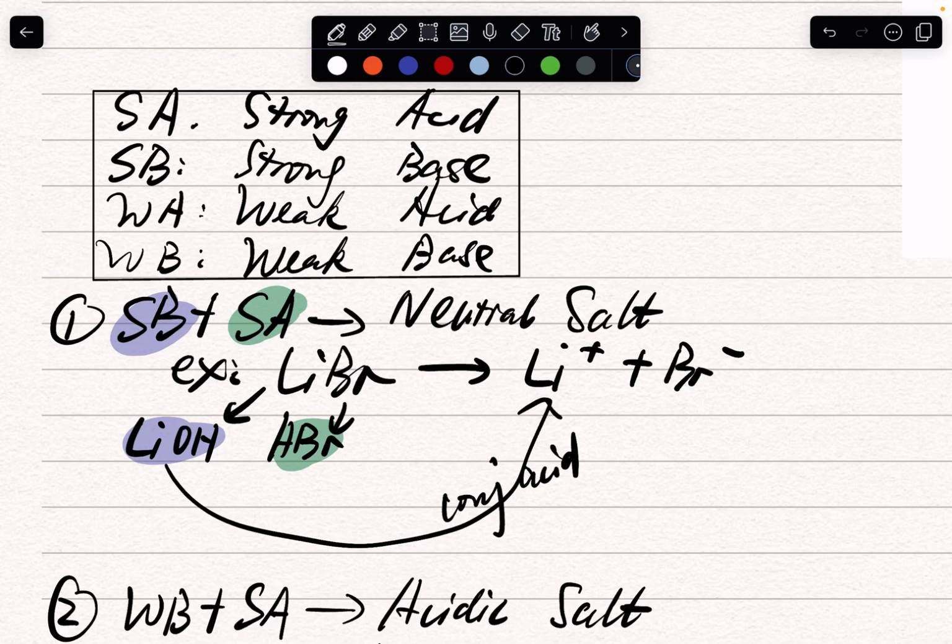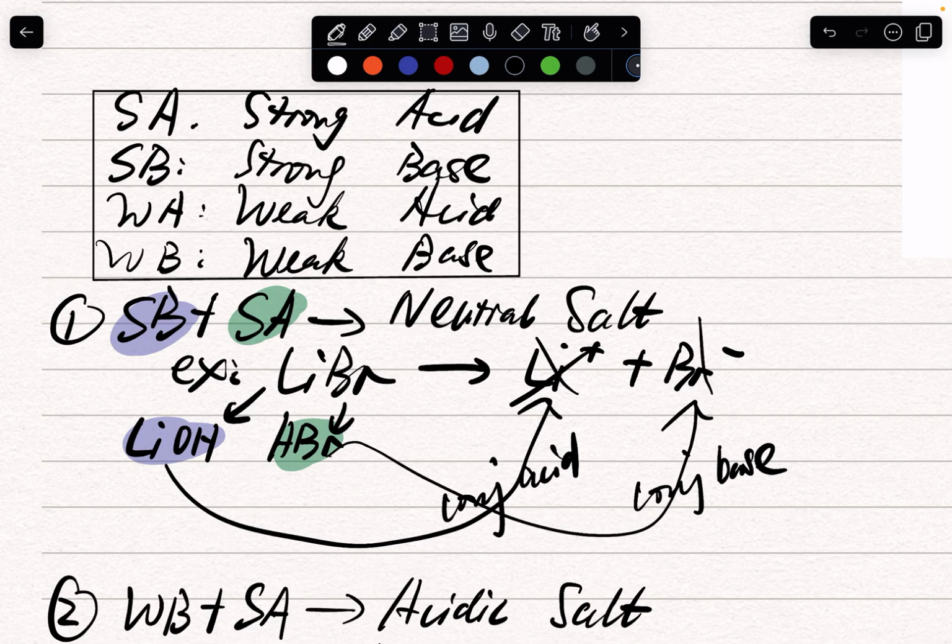So the acidity of the Li+ is negligible. We can just ignore that. We're just going to cross it out. There's no acidity due to the strong base, LiOH. And then HBr, a strong acid, its conjugate base, Br-, has minimal basicity, so we can cross that out together.